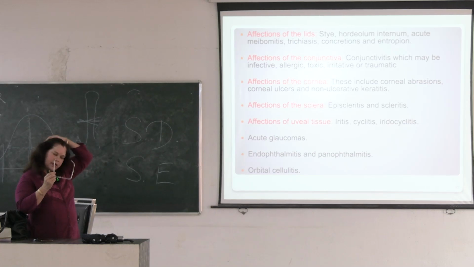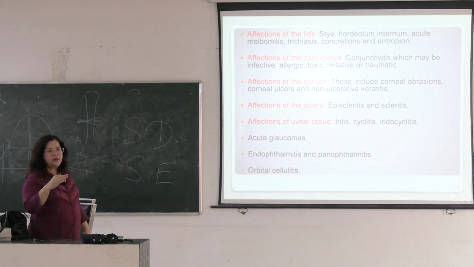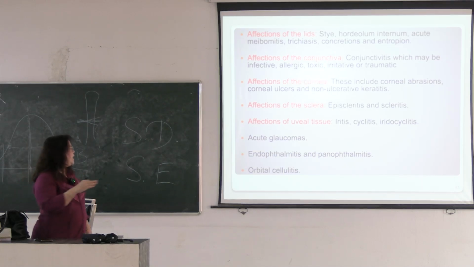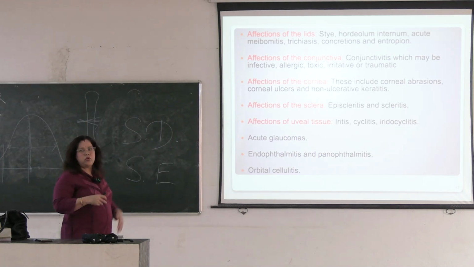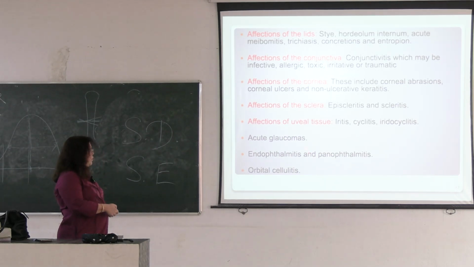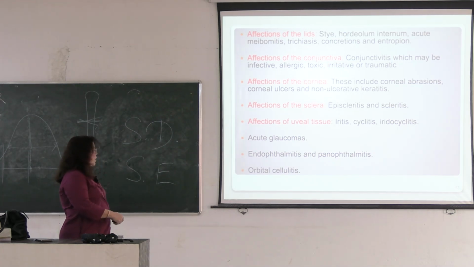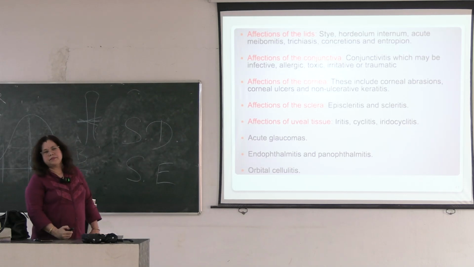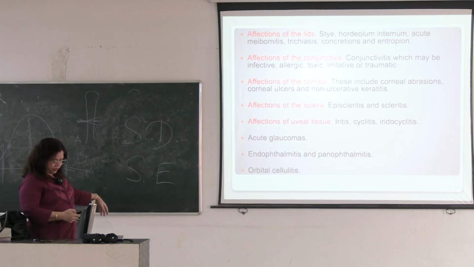Endophthalmitis is the inflammation of the uveal tissue, all of the uveal tissue except the sclera. And when the sclera, the outermost coat, is also involved, it is called panophthalmitis. Okay. And what is orbital cellulitis? Inflammation of the orbital tissues.